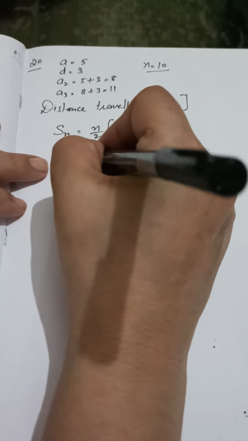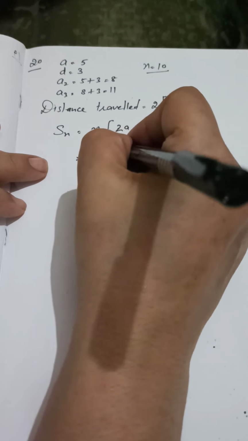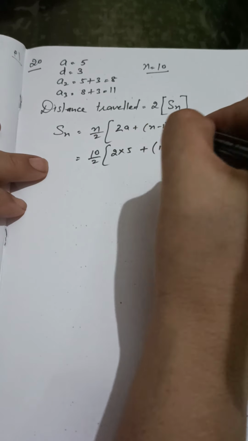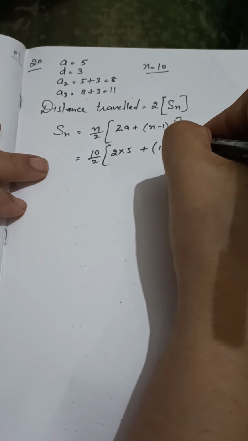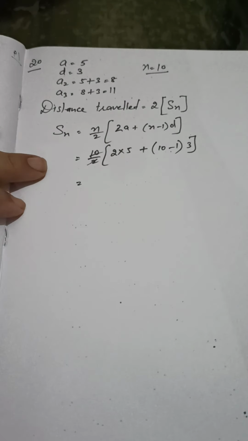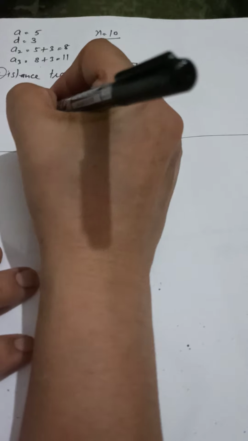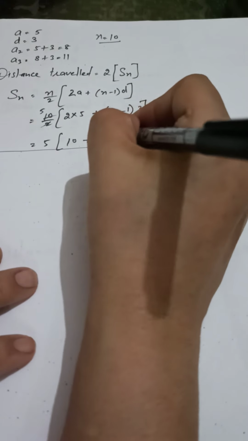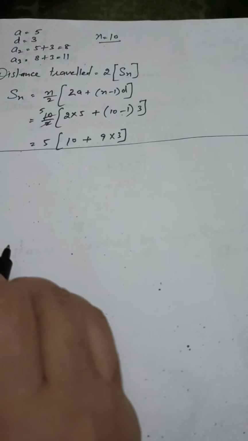So 10 upon 2, 2a, a is 5, plus 10 minus 1 into d, d is 3. 5 into 10 plus 9 into 3, what is that?